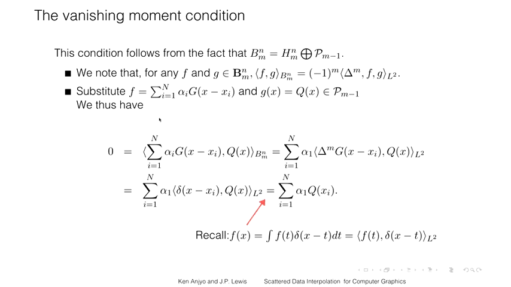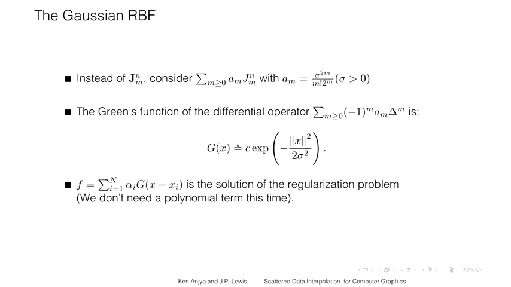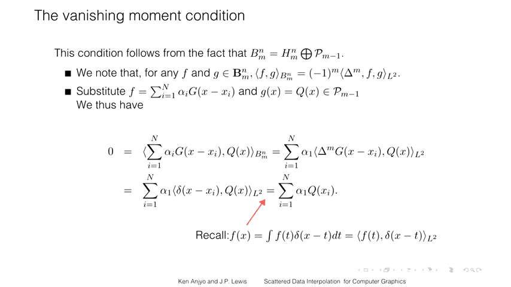So let's consider this one. Substitute this, and if we take any arbitrary polynomial q(x) here, then this inner product term should be 0. As I told you, these two spaces are orthogonal to each other.